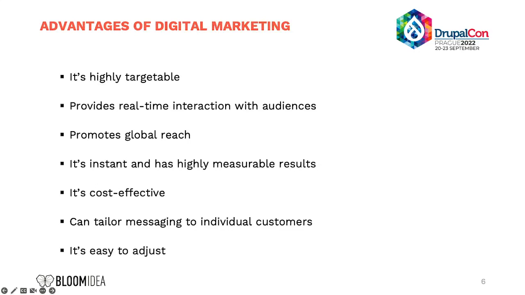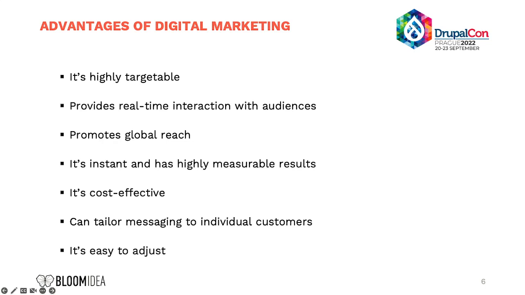Digital marketing has several advantages over traditional marketing. One very important one is that it's highly targetable. You can pinpoint an exact person if you want. It provides real-time interaction with our customers through social media, etc. It promotes global reach. It's instant and has highly measurable results.